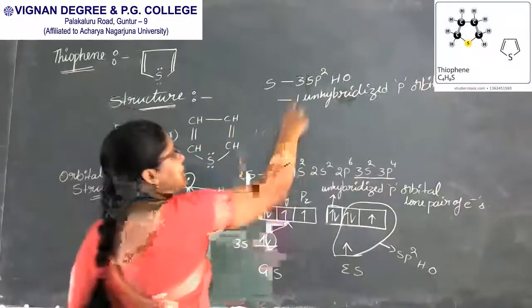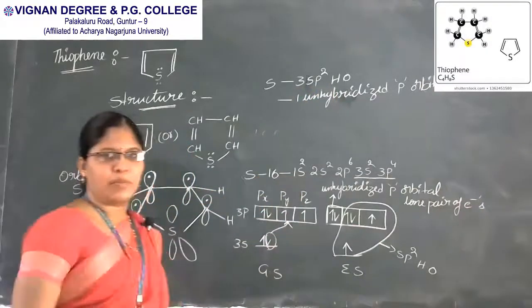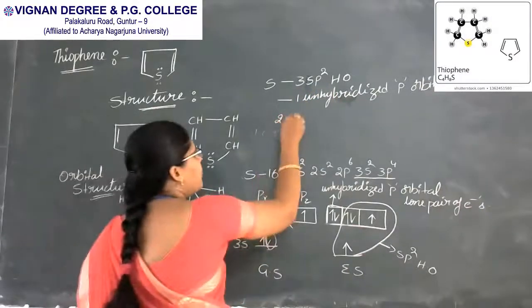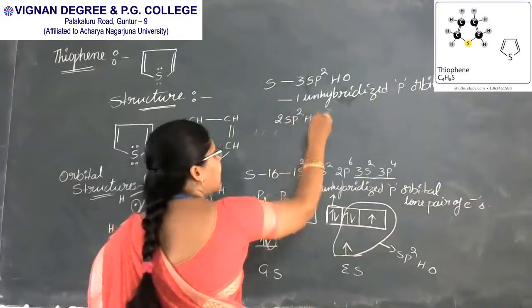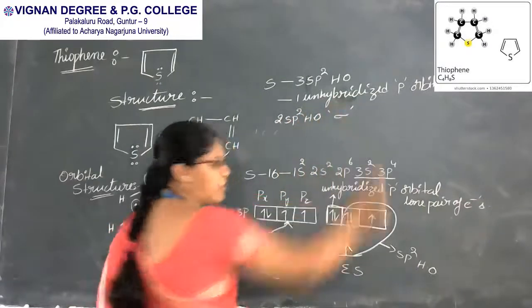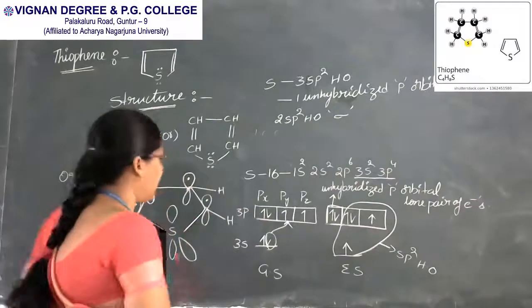Of these three, two sp2 hybridized orbitals form sigma bonds with the adjacent carbon atoms.